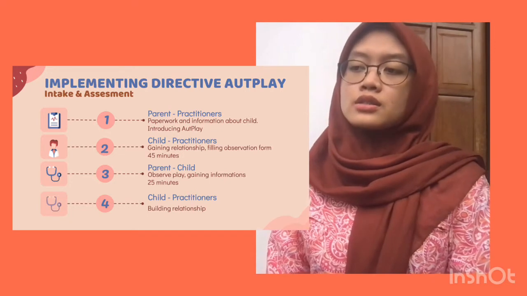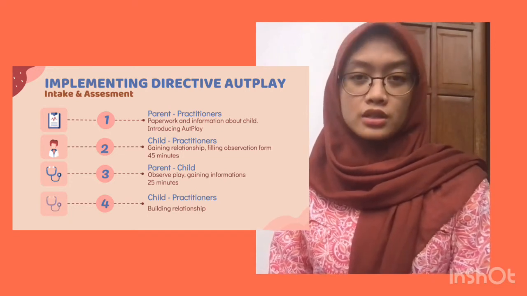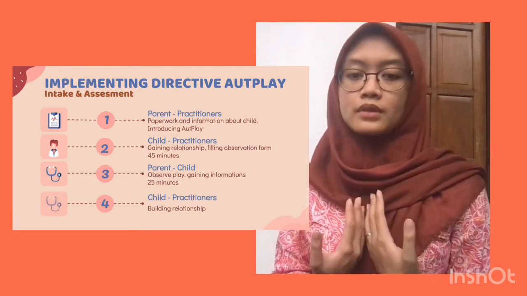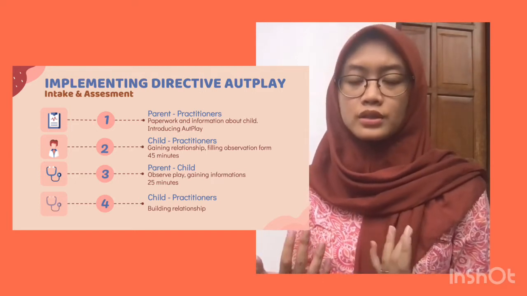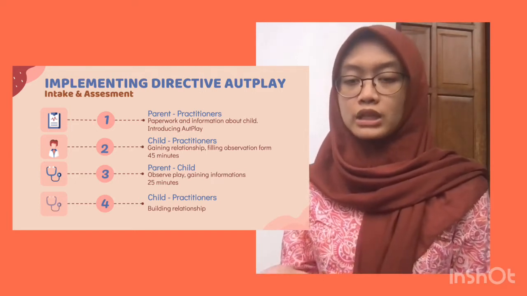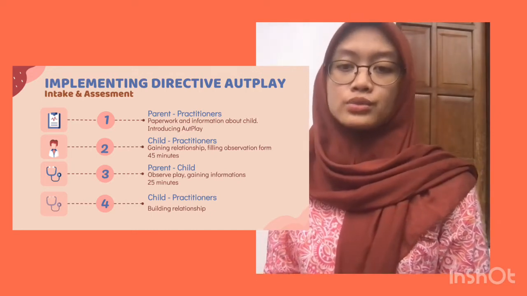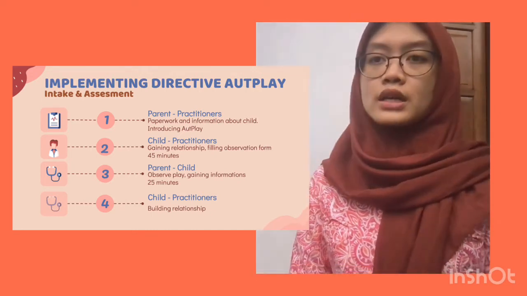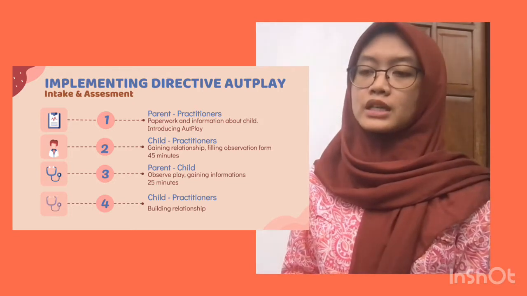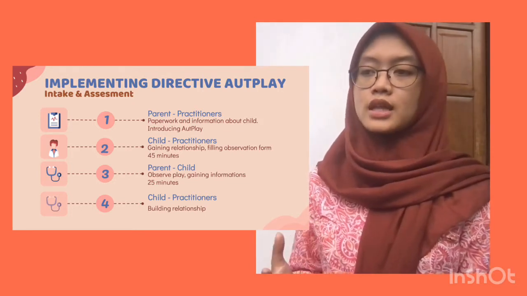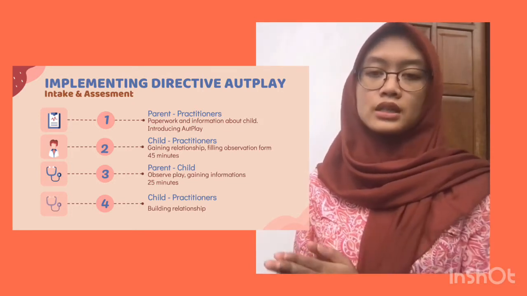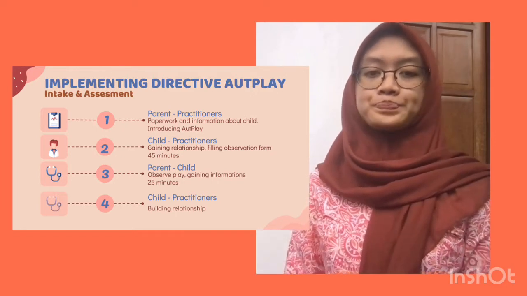Sometimes parents feel anxious, they don't feel normal, or they're not being the real them. So make sure that you are being yourself, so that the practitioner can actually observe the differences. The practitioner would stand in the corner and observe.